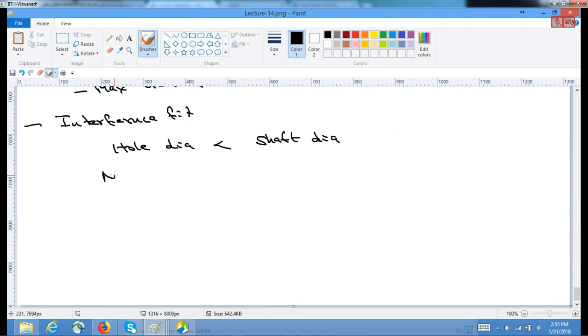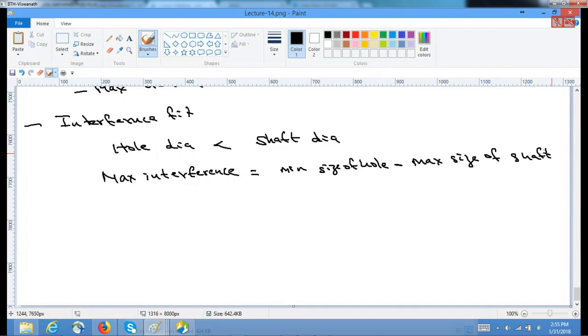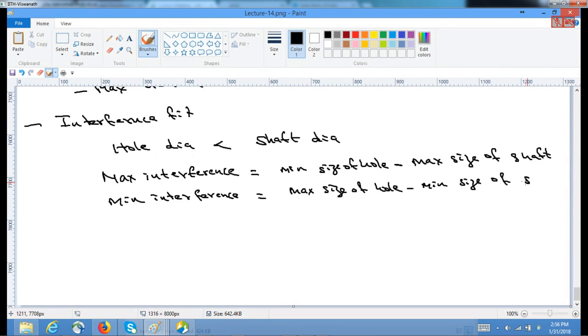So the maximum interference is the same as the previous case, but this is interference, so minimum size of hole minus maximum size of shaft, and similarly vice versa, minimum interference is equal to max size of hole minus minimum size of shaft.